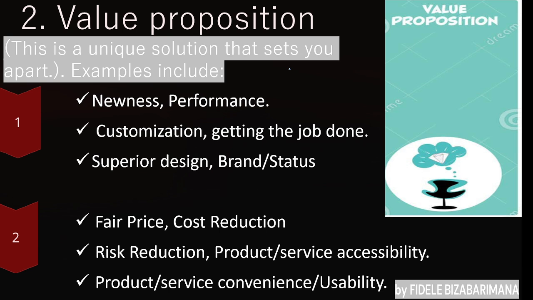Examples include newness, the performance, the customization, getting the job done very quickly, superior design, brand, the status, the fair price, and so on and so forth. Fair price, cost reduction, risk reduction, product service accessibility, product service convenience, and usability.